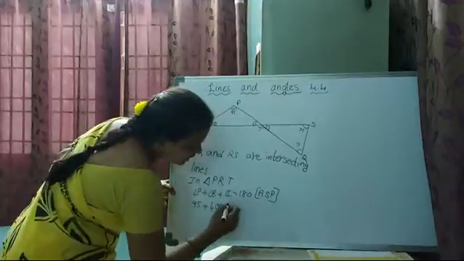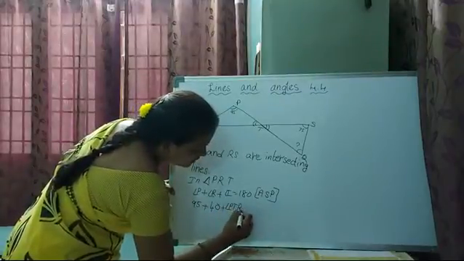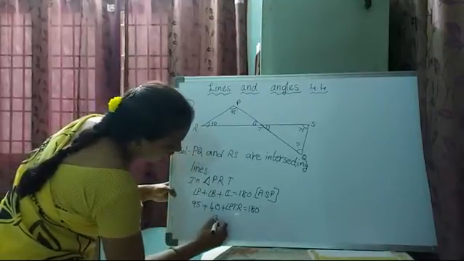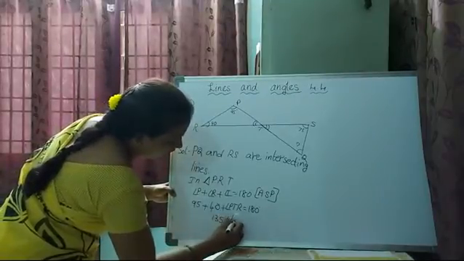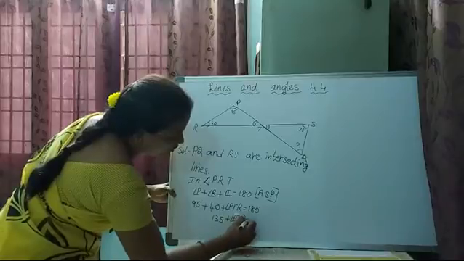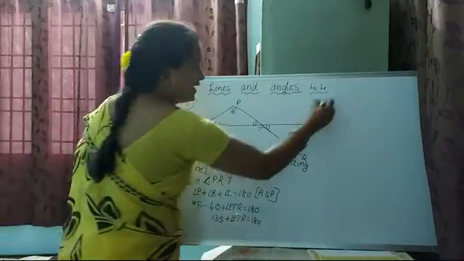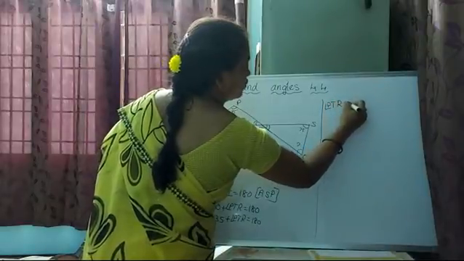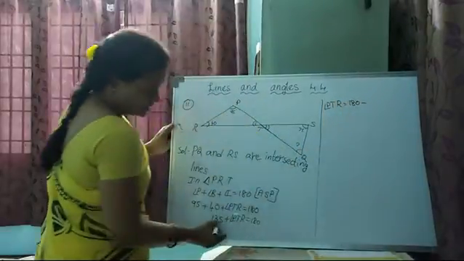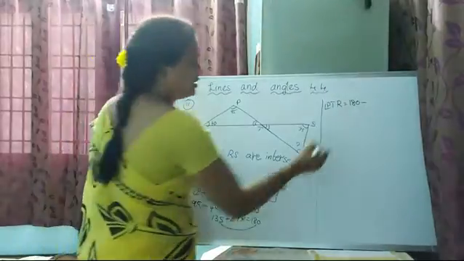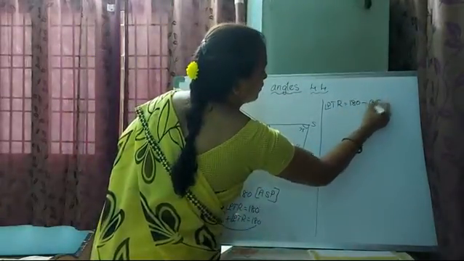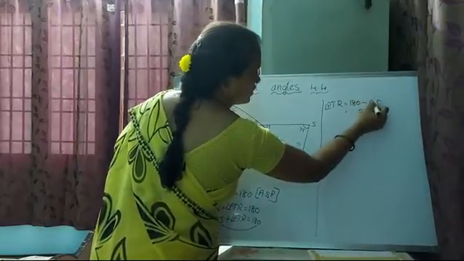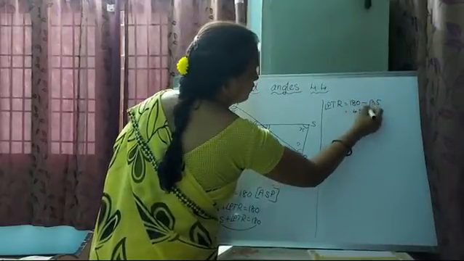Angle PTR is equal to 180. So 95 plus 40, 135 degrees, plus angle PTR is equal to 180. So angle PTR is equal to 180 minus 135 if you transpose it. 10 minus 5 is 5, 7 minus 3, 1 went for borrow, 7 minus 3 is 4, 1 minus 1 is 0.